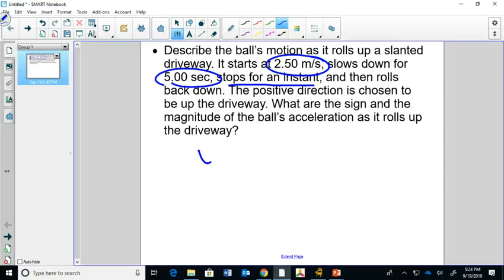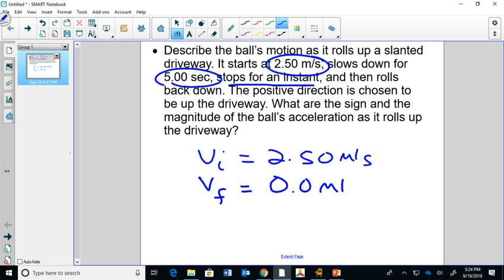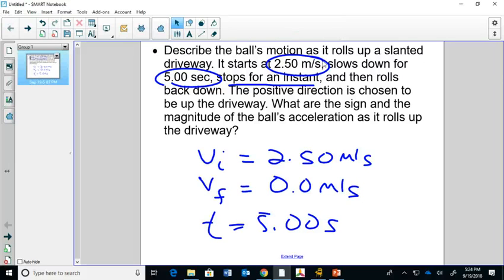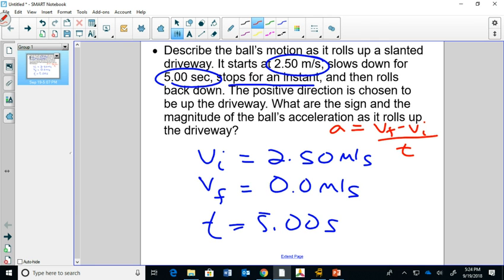So therefore, my VI is 2.50. My VF, my final, is 0.0. These are meters per second. And my time is 5.00 seconds. So we're going to use our equation, right? Our equation is that acceleration equals VF minus VI all over T. And the change of time, we're assuming it starts at 0.